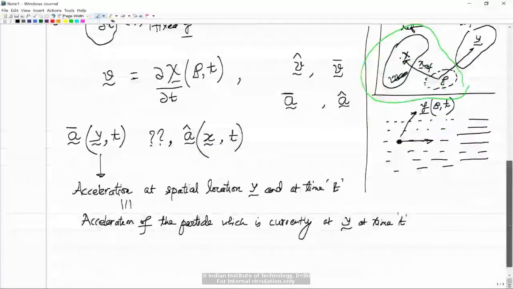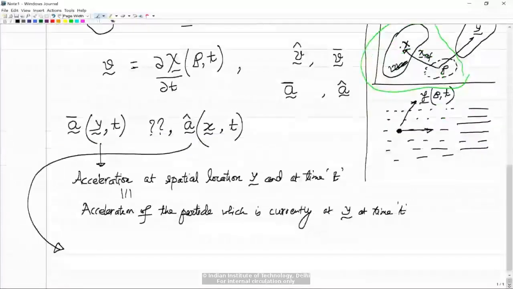Similarly, what is the meaning of this Lagrangian form? Acceleration as a function of x comma t, where x is the referential position. So does it mean acceleration of the particle in the reference configuration?